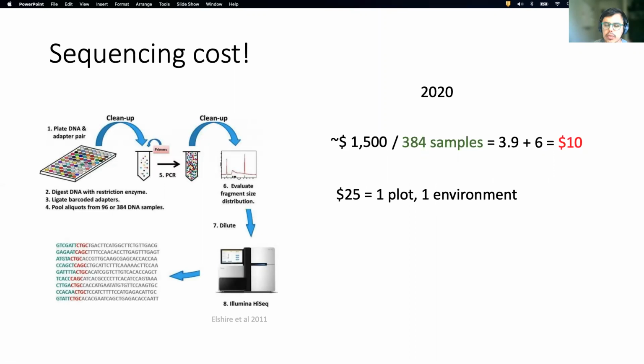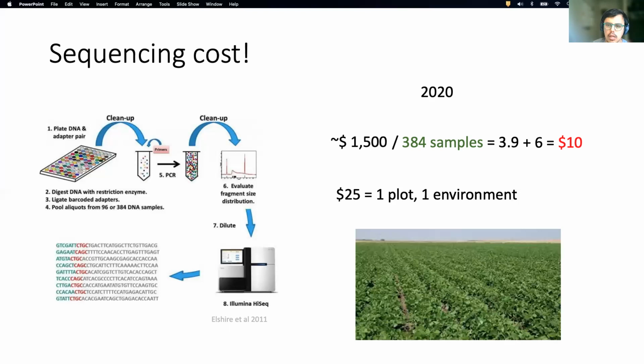And at the end, I want to say that if you are interested in genomic selection in your breeding programs, you have to think about money. It is one of the most important limitations. You have to compare the sequencing cost of genomic selection versus the conventional breeding that you are using in your breeding programs.